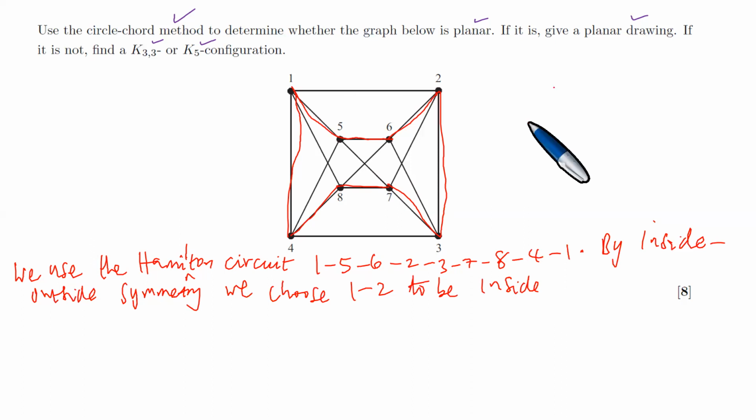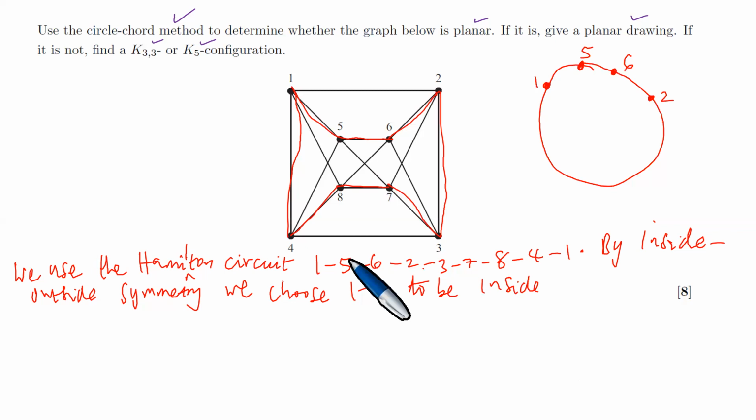So we're going to do this. We're going to draw a circle like this. And then we position 1, 5, 6, 2.